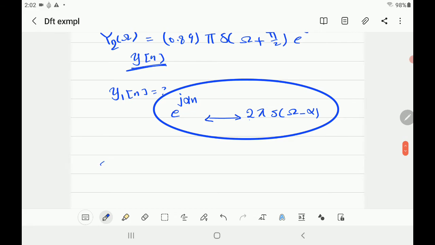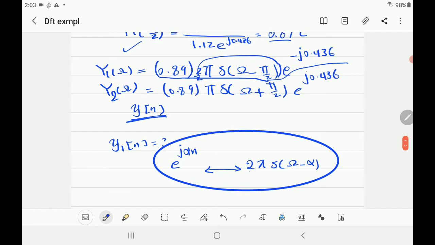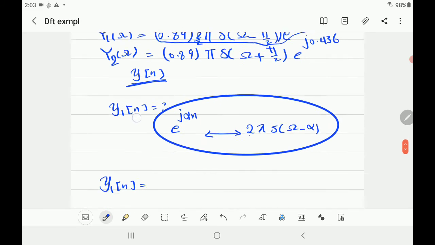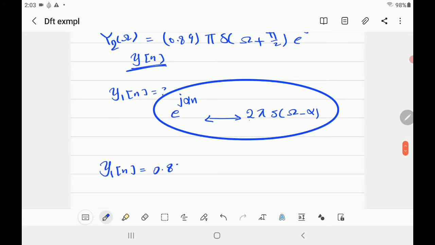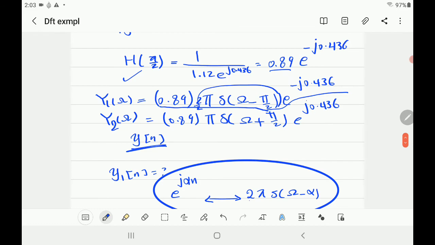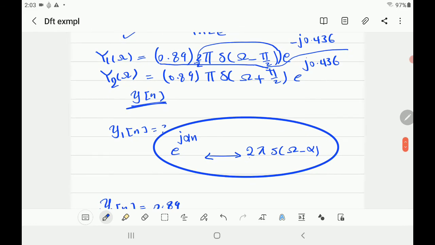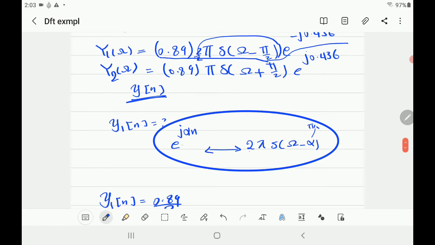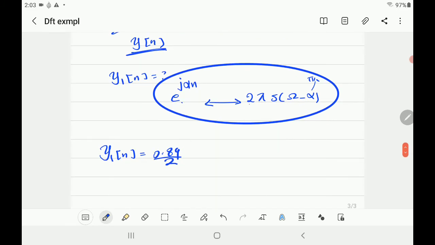So let's just write y1 of n. 0.89, that's the constant, and you got divided by 2 here. So you can keep the 2 pi delta omega minus pi over 2. So your alpha is equal to pi over 2. So the conversion will be equal to e to the power of j, and alpha is equal to pi over 2 times n.